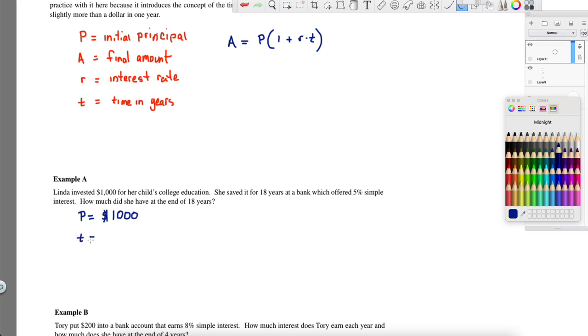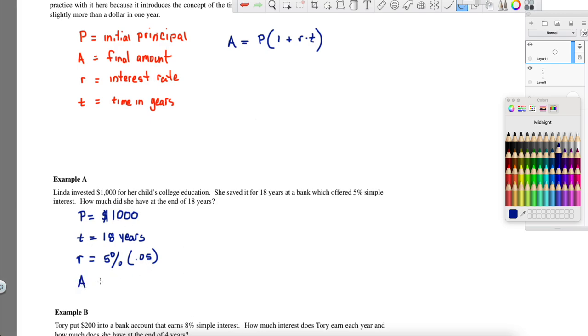So T is 18 years. And our rate is 5%. If we divide that by 100, we get 0.05, expressed as a proportion or a decimal. How much will she have at the end of 18 years?